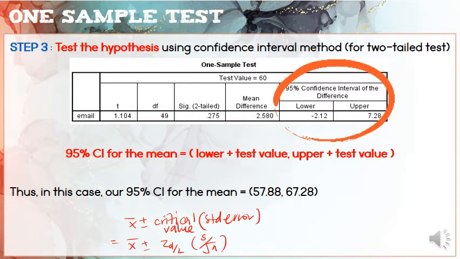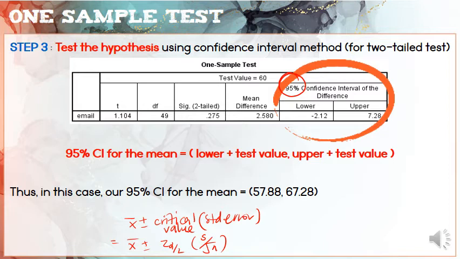Okay, but sometimes soalan tak minta you kira pun, dia just minta awak ambil daripada output given. But please make sure that you perhatikan betul-betul soalan suruh pakai berapa persen confidence level and dia bagi berapa persen. Sometimes the question will trick you.